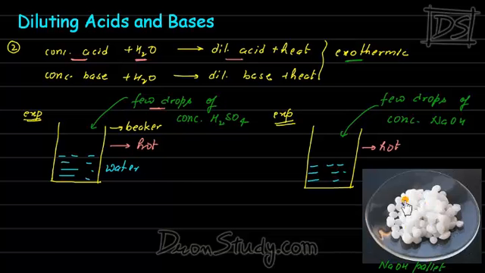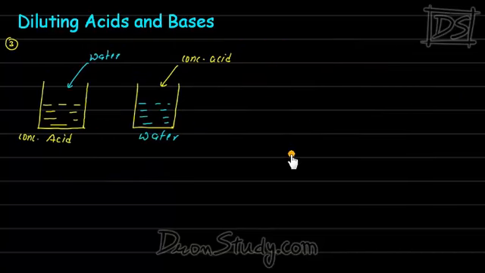We have studied all this. We can take a few pellets of NaOH and dissolve them in water. Then also, on touching the beaker, you'll find it hot. So it is easily proved through all these experiments that when a concentrated acid or base is diluted, heat is produced. Right? Now the third point over here is very important for safety in the laboratory.